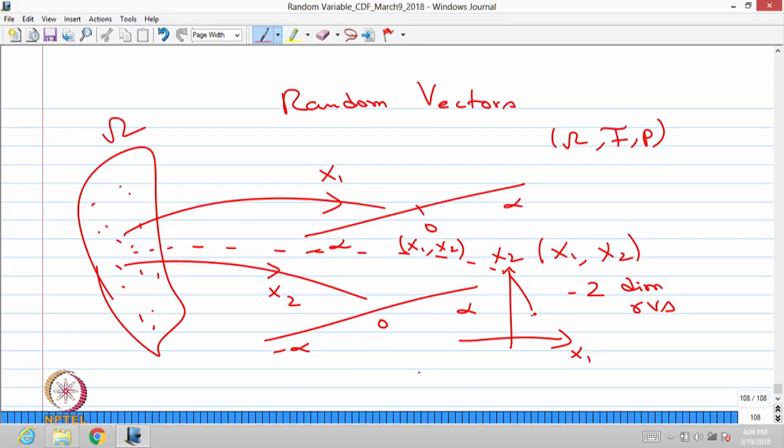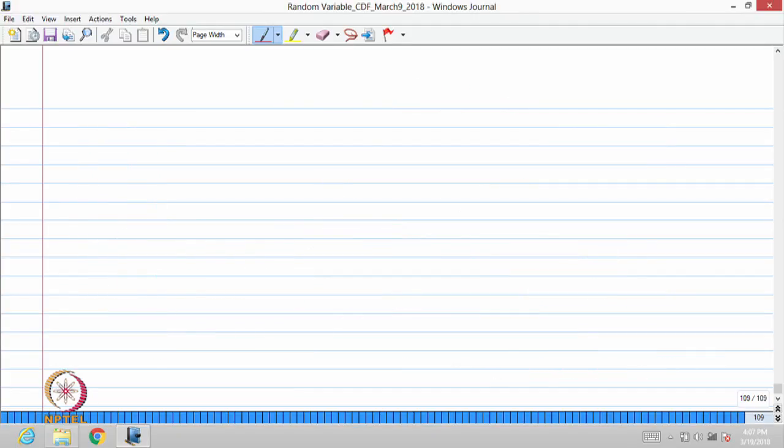In the same way, one can define an n-dimensional random variable x1, x2 and so on till xn. Each one is a random variable, therefore this is an n-dimensional random variable, in short RVs, random variables. That means we can go for finding the joint distribution of the n-dimensional random variable x1 comma x2 so on xn.